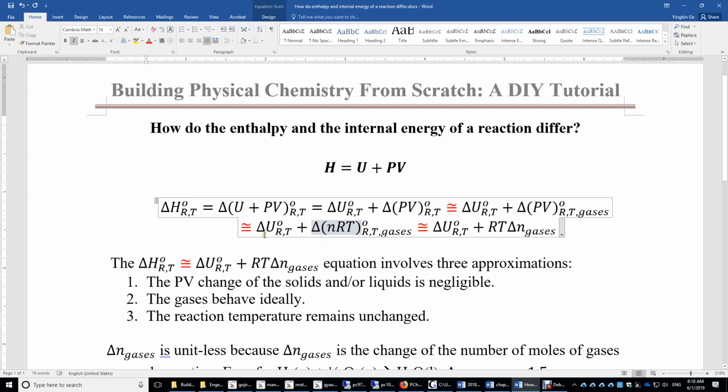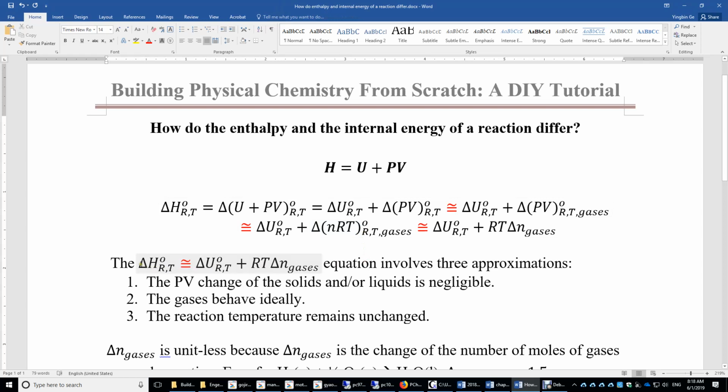Because H and U are state functions, we do not have to ensure the temperature remains constant throughout the entire reaction. We just need to make sure the initial temperature and the final temperature of the reaction are roughly the same.